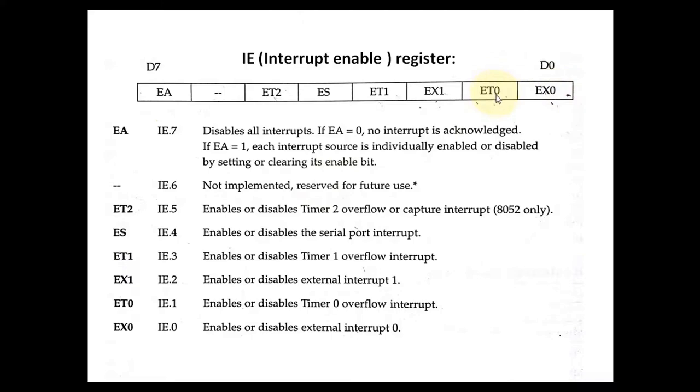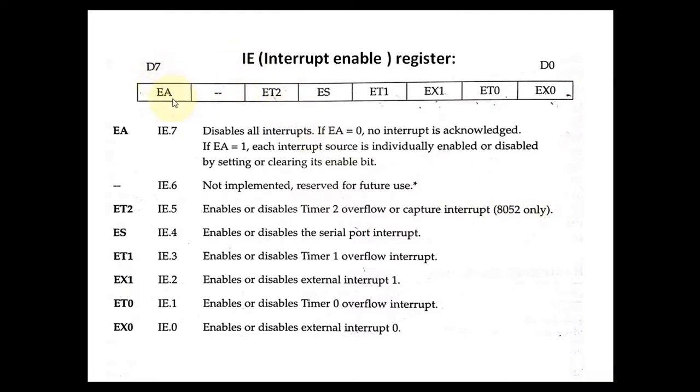Similarly, it is true for timer 0 overflow interrupt, external interrupt 1, timer overflow interrupt 1. ES is for serial port interrupt, and ET2 is the timer 2 interrupt, which is present in the 8052 microcontroller, not in the 8051.